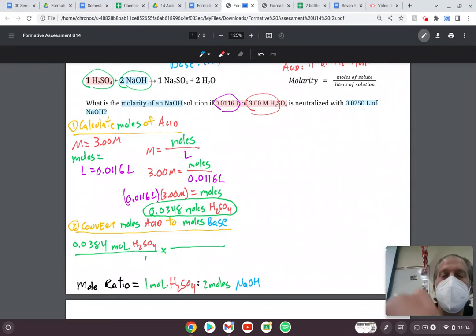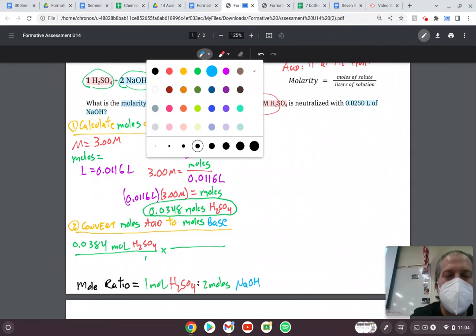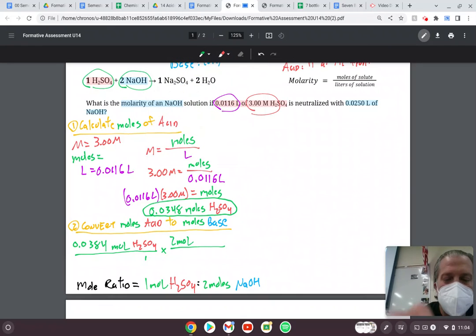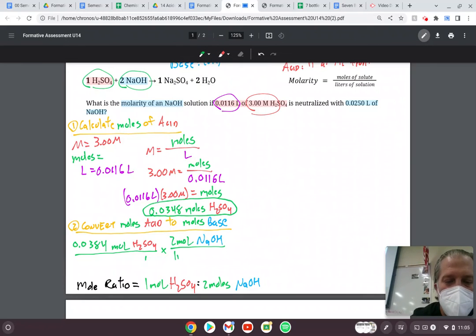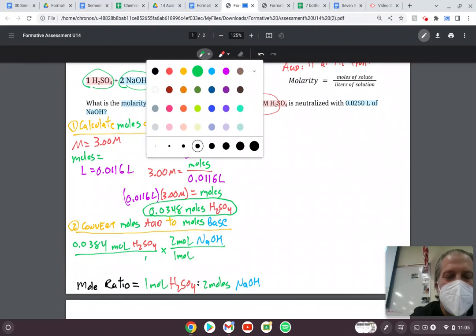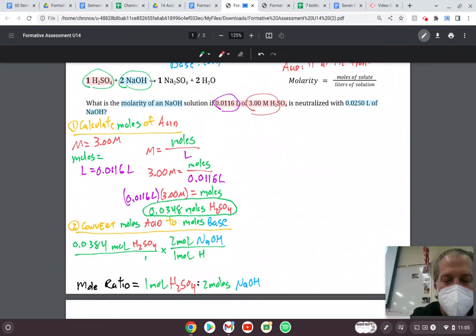I'm going to set the mole ratio up so that moles of acid, or H2SO4, cancel out. So I'm going to put 2 moles of NaOH on the top, and 1 mole of H2SO4 on the bottom.